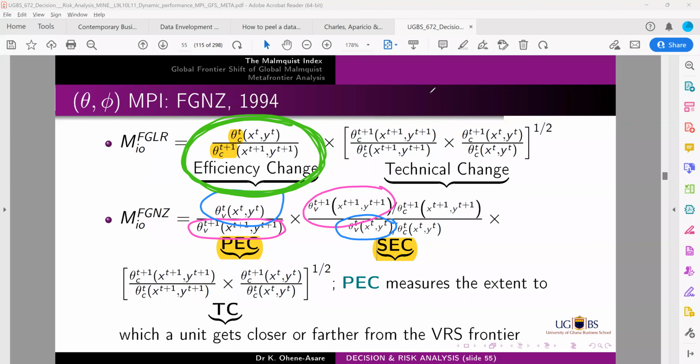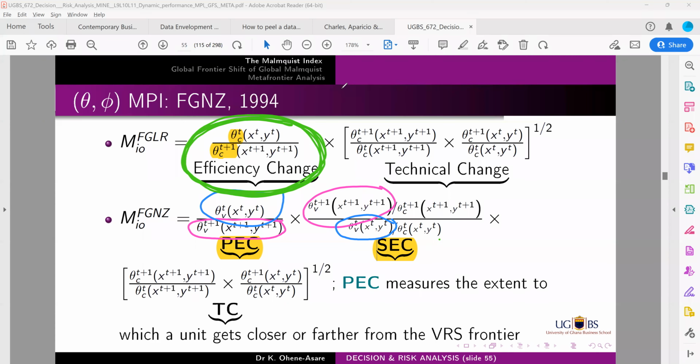You got to know what is driving that efficiency change to be higher. And one way you can do that is to split it and call one a pure efficiency change. That is efficiency change purely due to managers' technical mastery. And then you will now have another one, which is scale efficiency change, which is due to the scale, the plant size, the size of the company, which is as a result of shareholders injecting capital into the business.